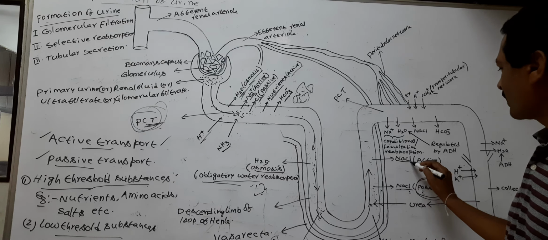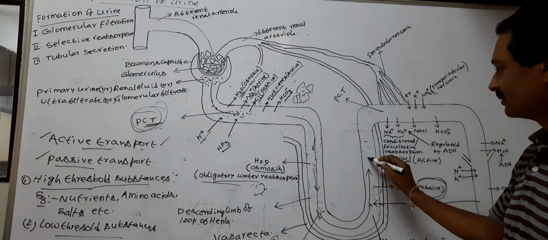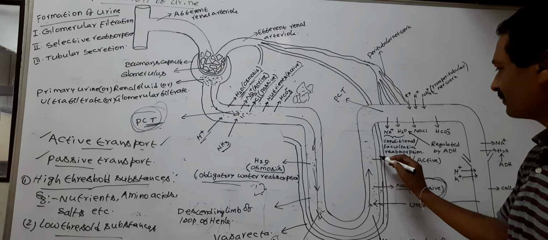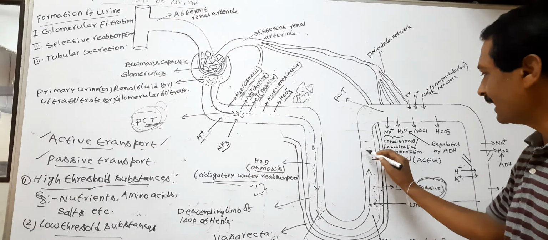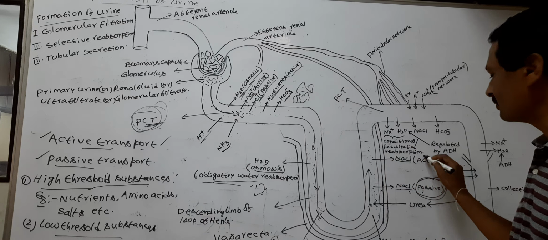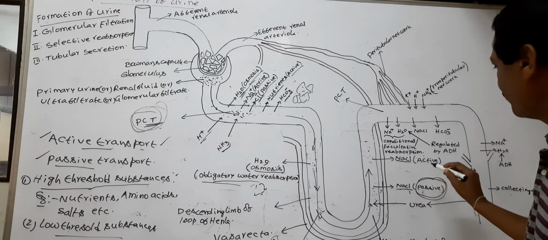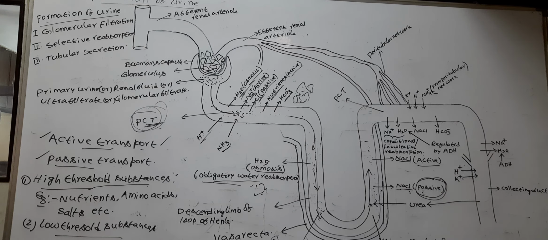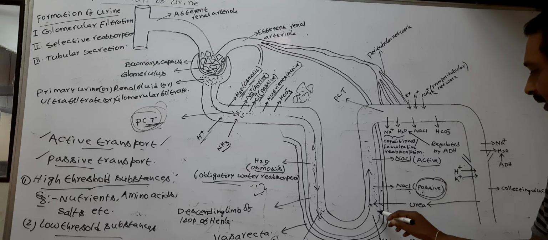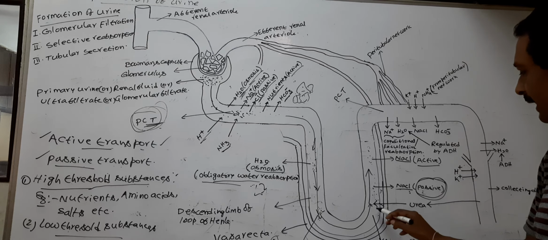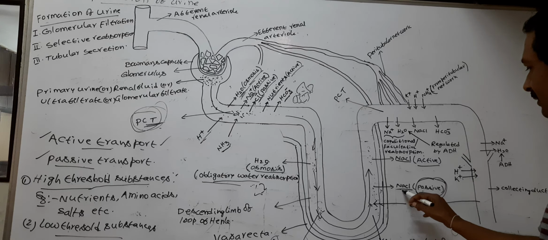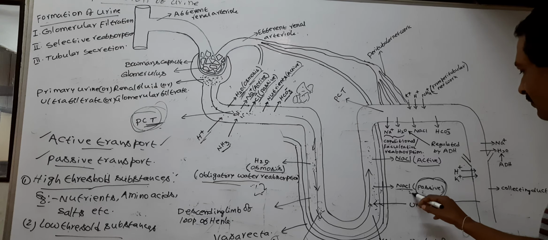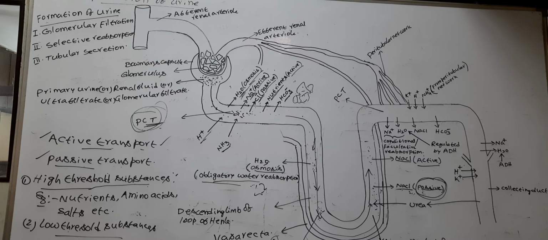Next, the sodium chloride is reabsorbed from primary urine of the thick-walled ascending limb of loop of Henle into medullary interstitial fluid by active process. So the proximal part of the ascending limb reabsorbs the sodium chloride from primary urine into medullary interstitial fluid by passive process.